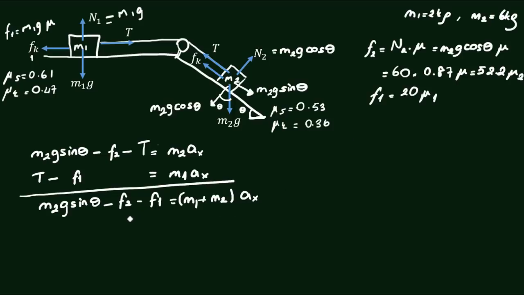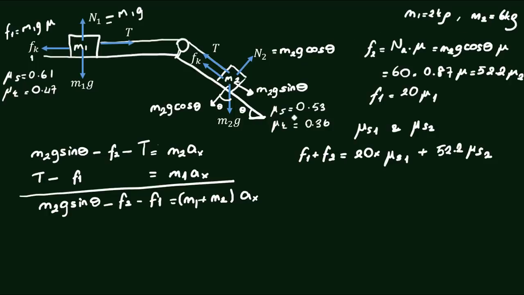So using mu S1 and mu S2, let's calculate F1 and F2, because this force has to overcome the static friction first to start a motion. So we're comparing M2G sine theta with F1 plus F2 using the static coefficients of friction. For F1, I have 20 times mu S1 plus 52.2 mu S2.